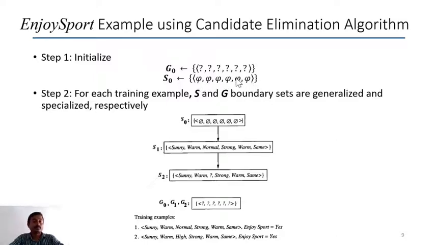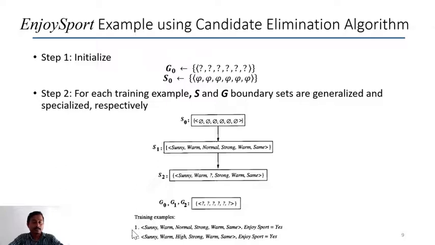So this is the first step. The second step is, for each training example, the S and G boundary sets are generalized and specialized respectively. The S set will be generalized and the G set will be specialized to make it consistent with the training example. Now we will see the same training examples.